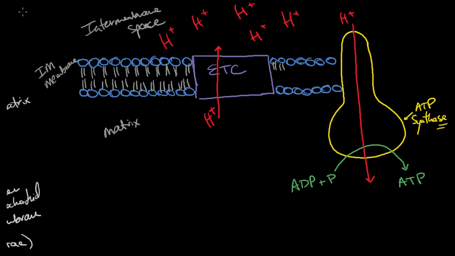So there's a high concentration in the intermembrane space, and in the matrix, there's a low concentration. That's what the electron transport chain essentially does, and in doing so, it's allowing this ATP synthase to function.